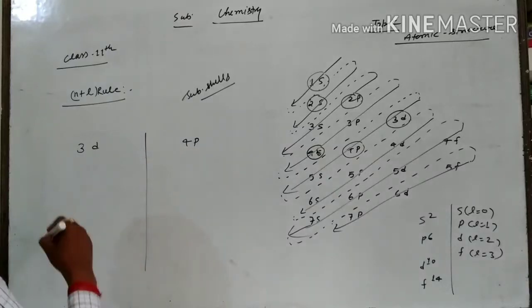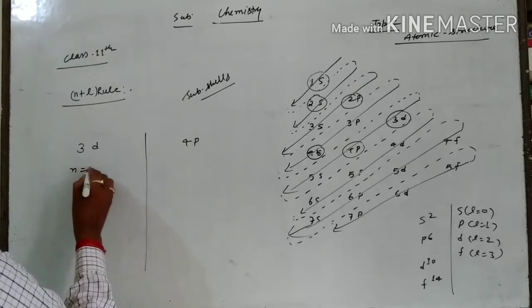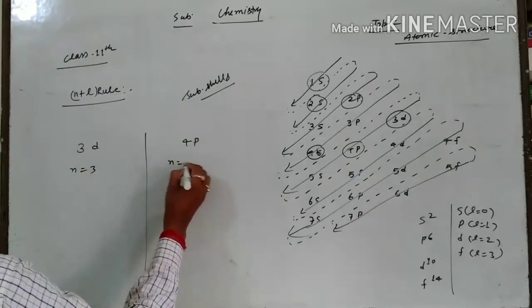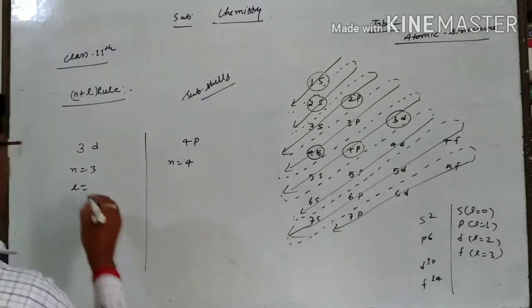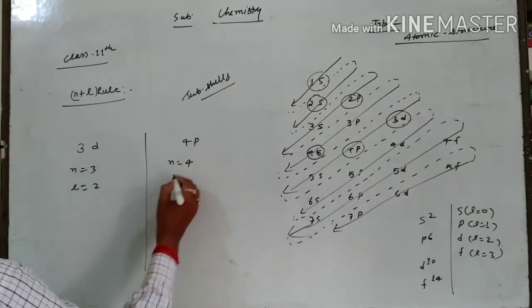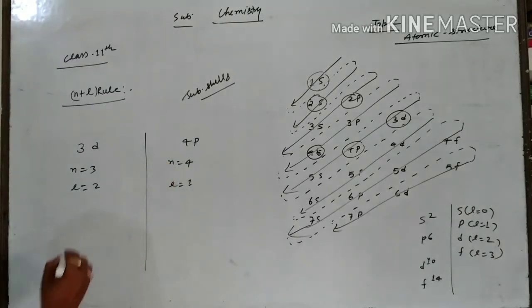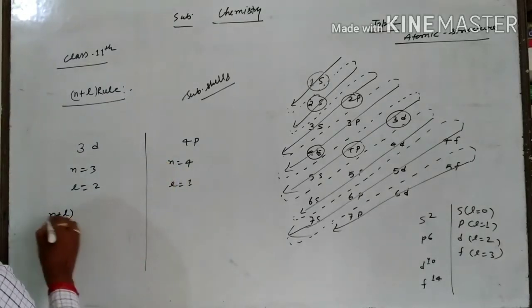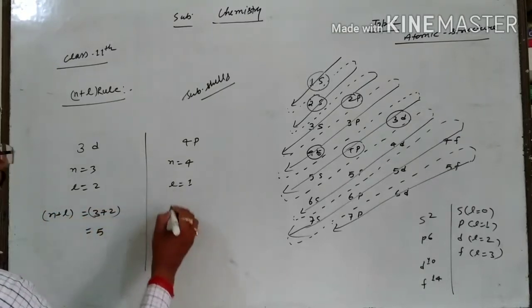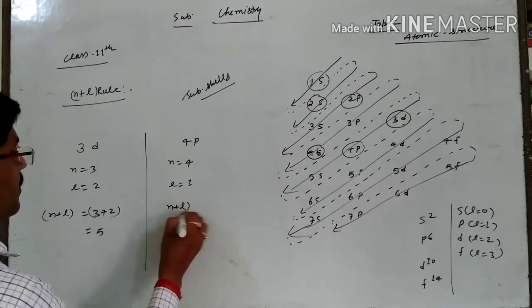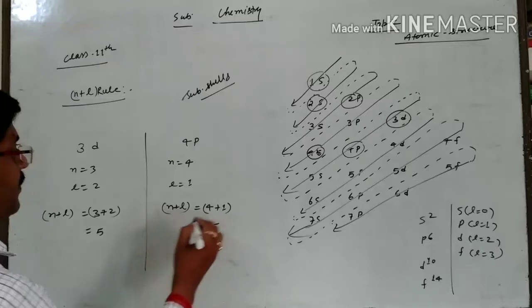As before, n is equal to 3 and n is equal to 4. For d, L is equal to 2, and for p, L is equal to 1. So n plus L is 3 plus 2, which means 5, and here n plus L is 4 plus 1, which means 5.